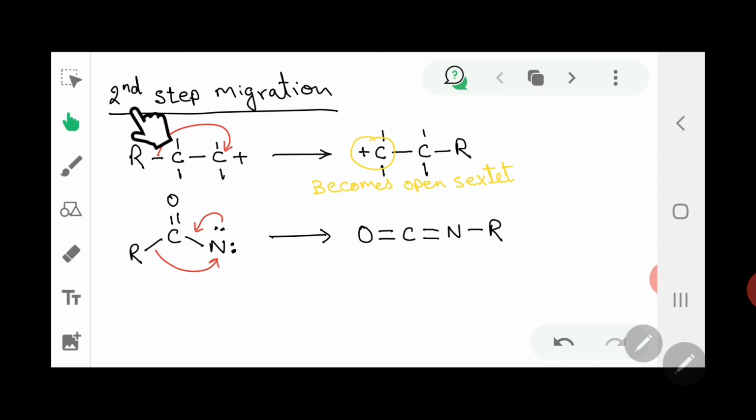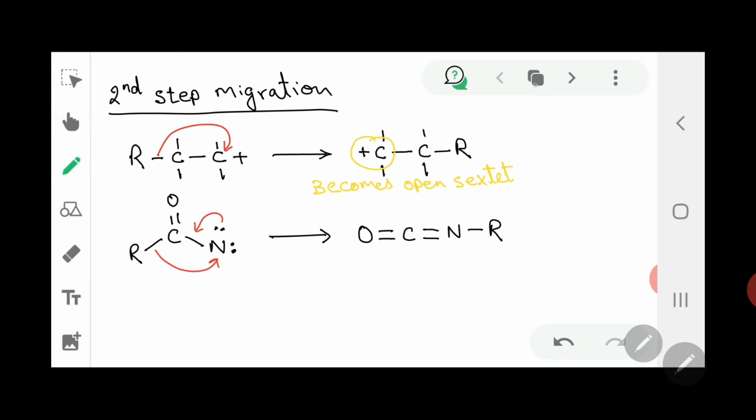Now come to the second step, which is the migration of the migrating group from one atom to another. R is our migrating group, which migrates from one carbon to the carbocation.